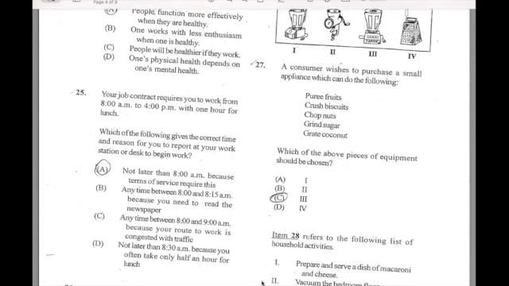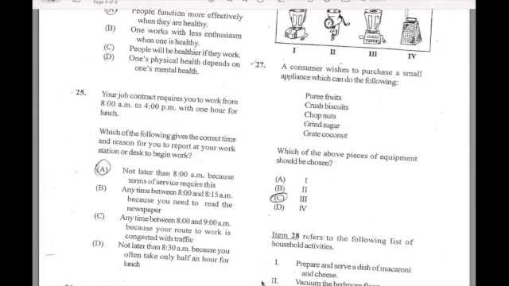25. Your job contract requires you to work from 8 a.m. to 4 p.m. with 1 hour for lunch. Which of the following gives a correct reason for being at your workstation or desk before your work? And they gave us some options. A, no later than 8 a.m. because terms of service require this.